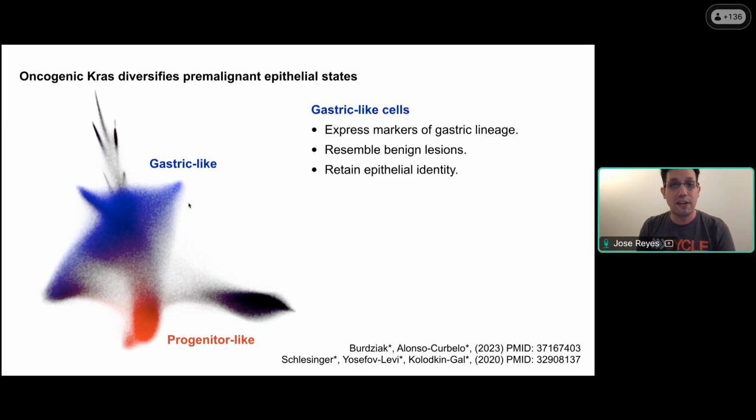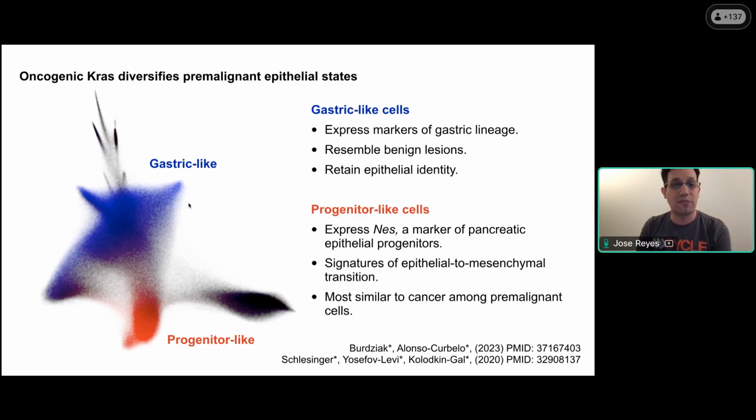Gastric-like cells express markers of the gastric lineage otherwise absent in the premalignant epithelium. They also resemble benign lesions and retain a certain degree of epithelial identity. On the other hand, progenitor-like cells express nestin, a marker of pancreatic epithelial progenitors. They also engage signatures of the epithelial to mesenchymal transition, and among all premalignant cells are most similar to cancer.